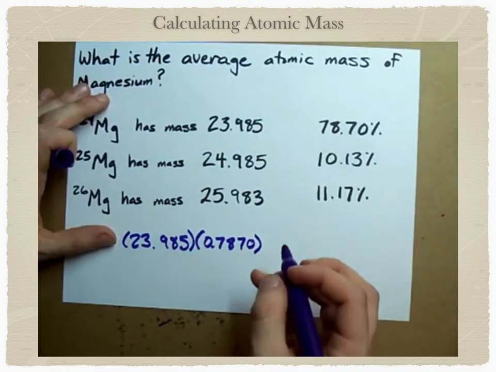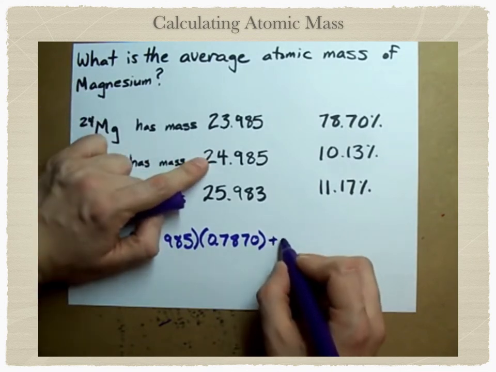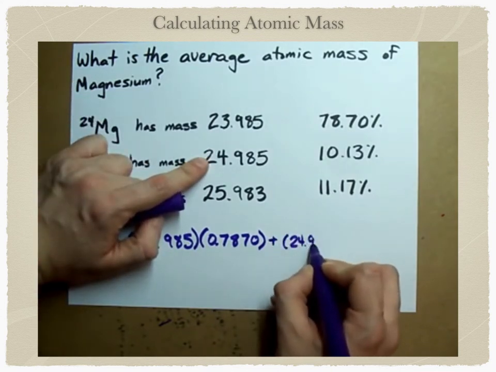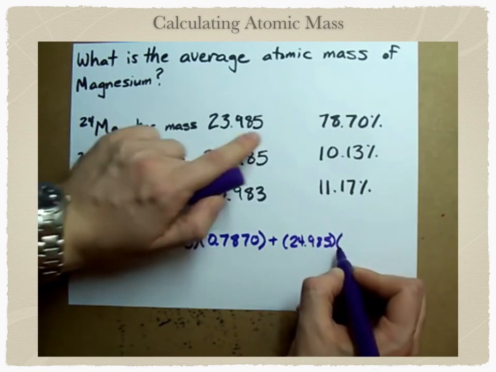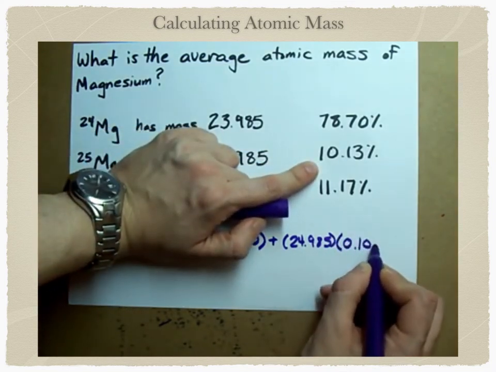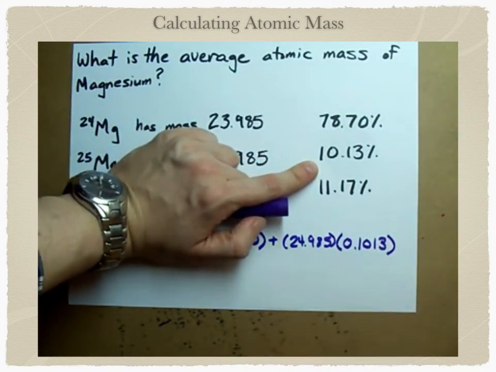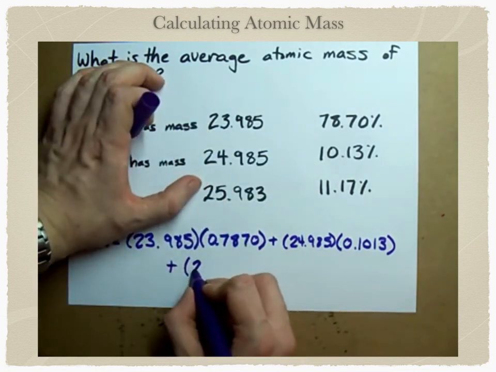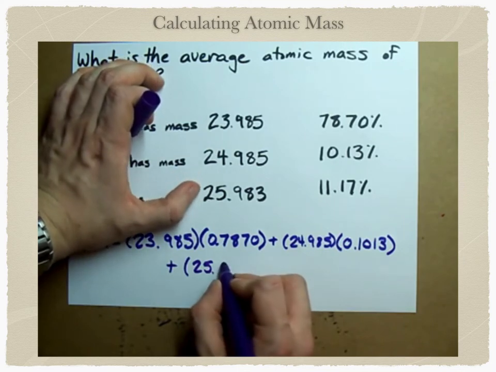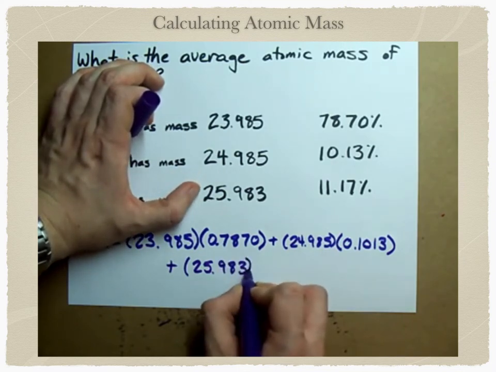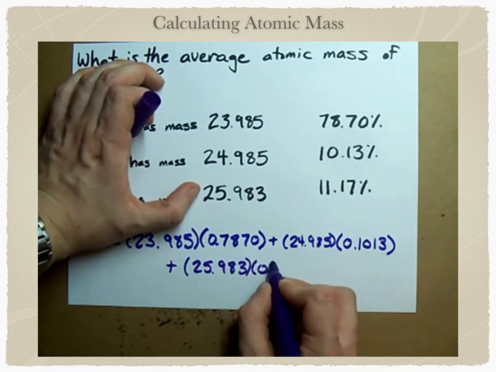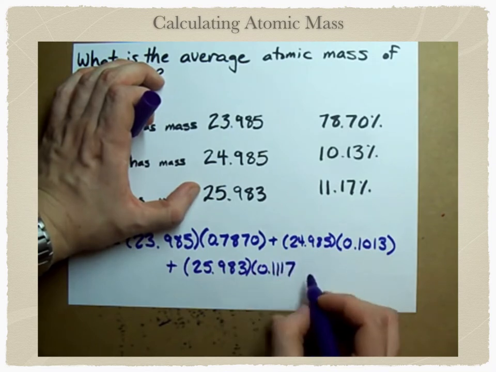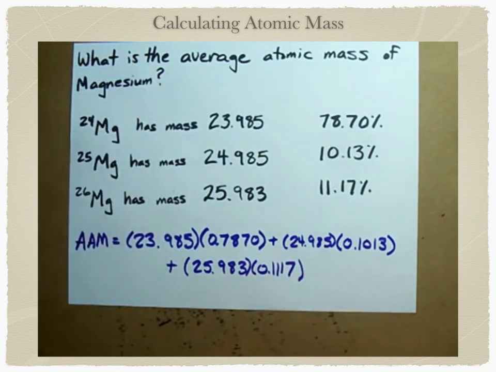Then you just add on one of the other masses, 24.985 times its isotopic abundance, 10.13%. And you have to add the third isotope. Now some atoms have up to like 9 stable isotopes, so you may have to do this a bunch of times. I obviously picked a simple example because I could.